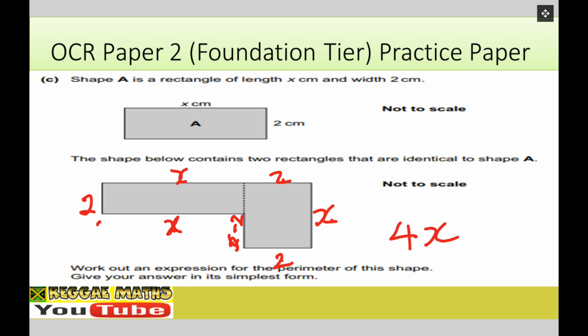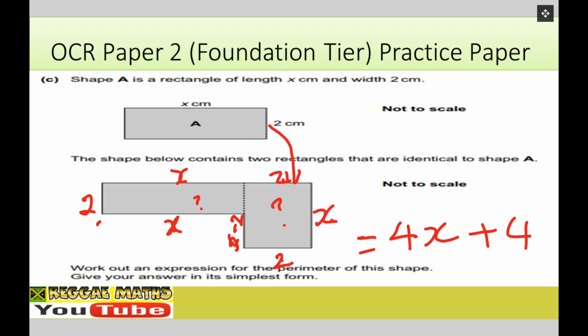Take away 2. So it is 4x plus 4. Okay. This shape does not look similar to this one, but it says identical. It's because I've stretched the shape out. But all the information is there. Because that bit should have matched with that bit there.